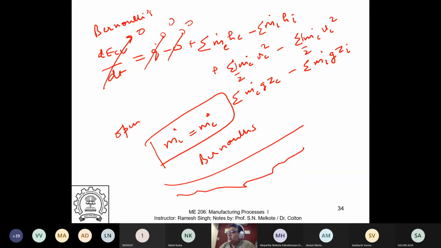So this is a simplification, because H is U plus PV. The temperature is constant, so the change in U goes to zero, and you get only PV.